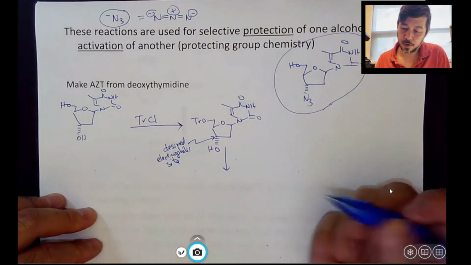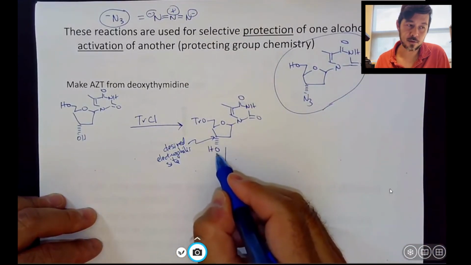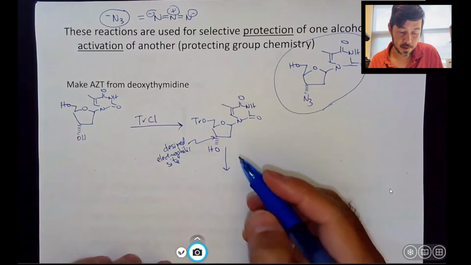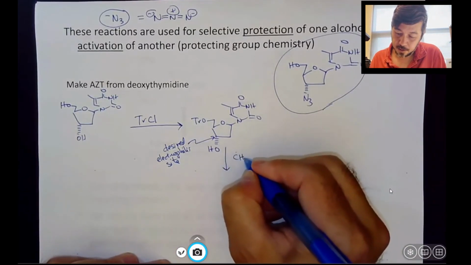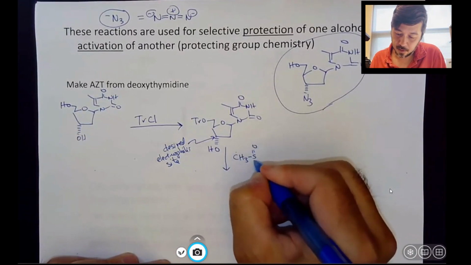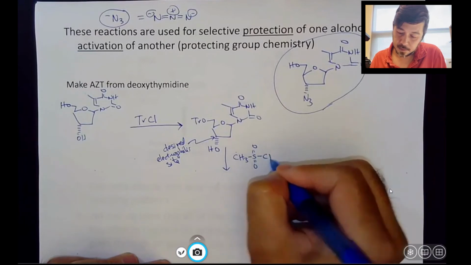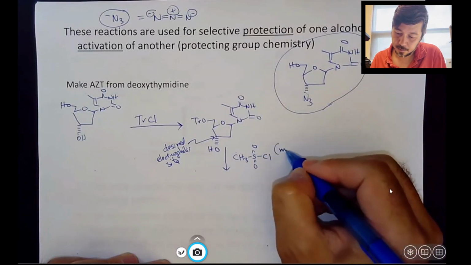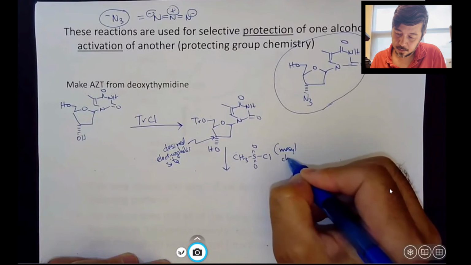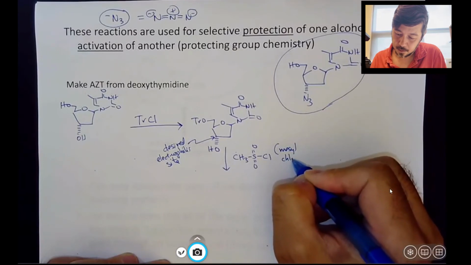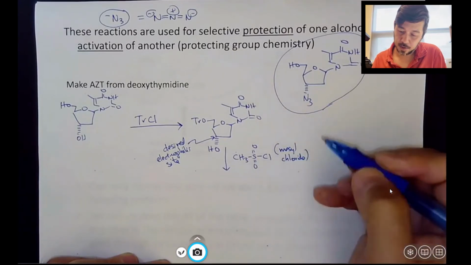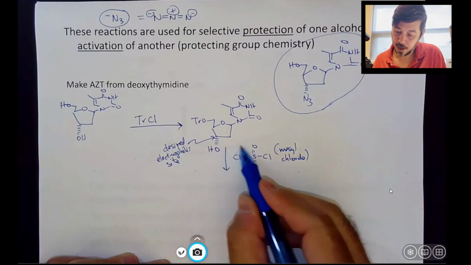So what we're going to do is convert this hydroxyl group to something that's actually a very good leaving group. And we're going to use something called methane sulfonyl chloride, or mesyl chloride. What's going to happen is that this OH group is going to react here.